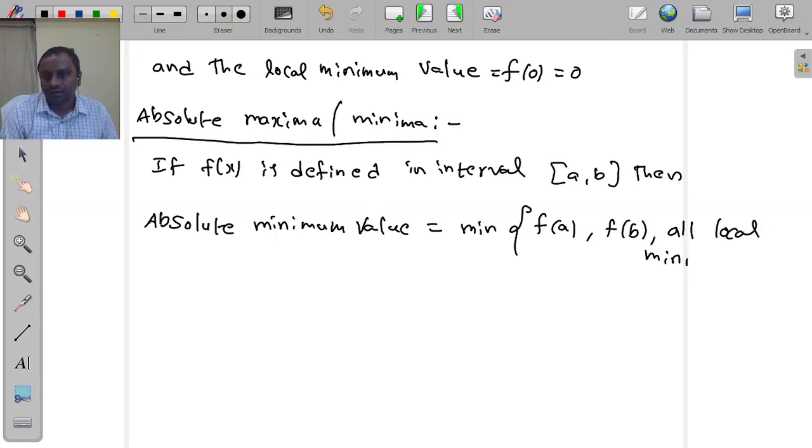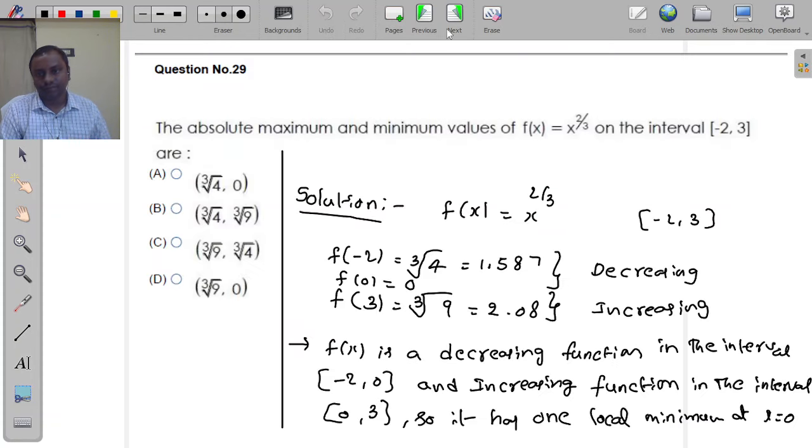Now for the given function we have calculated f of a and f of b. Here a equal to minus 2, b equal to 3. So f of a is 1.587, f of b is 2.08, but in between there is one minimum at 0, that value is 0.